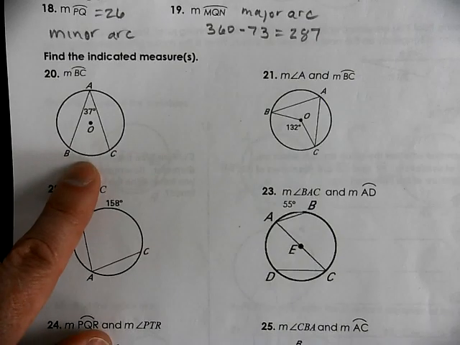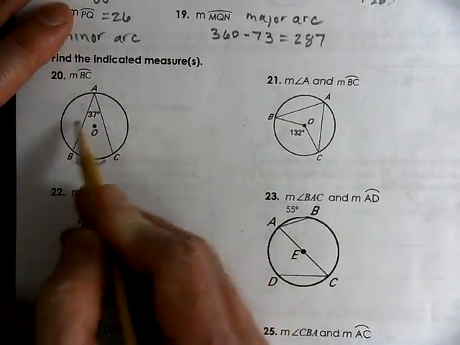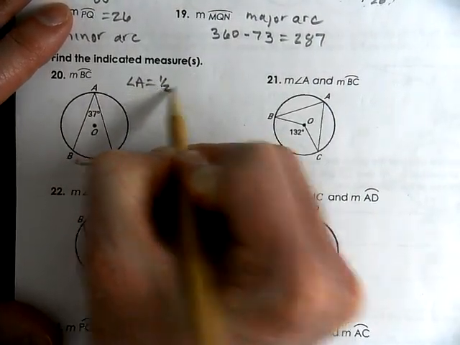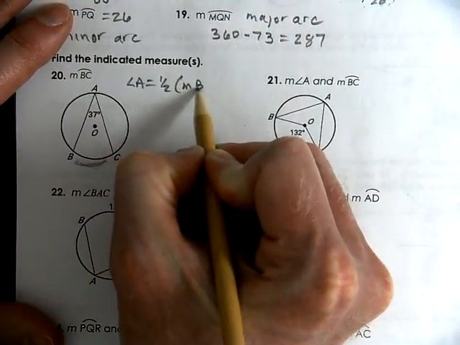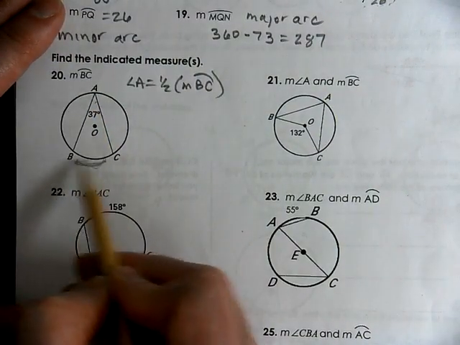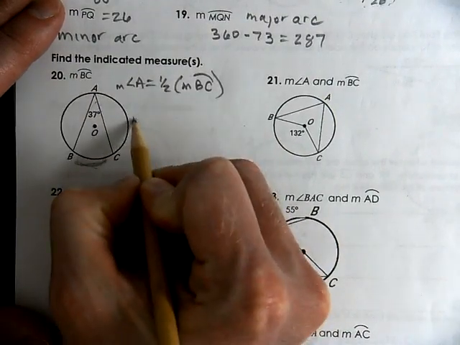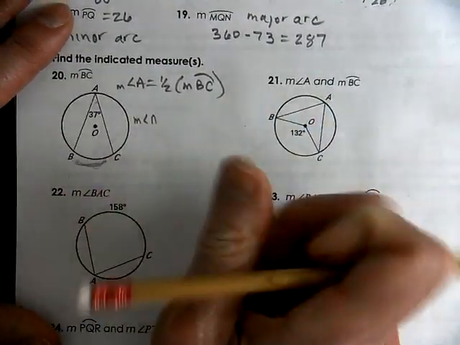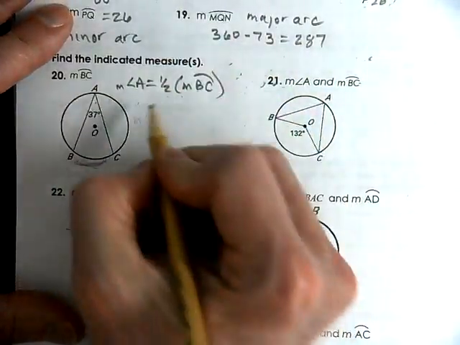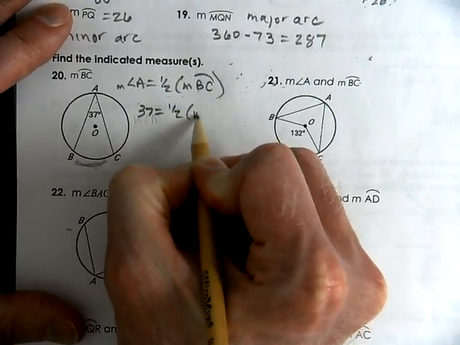So we come on down to number 20. We're looking for arc BC. We know that angle A is going to be half of the measure of arc BC. The inscribed angle equals half of the arc. So what do we know? We know 37 equals half of the arc.